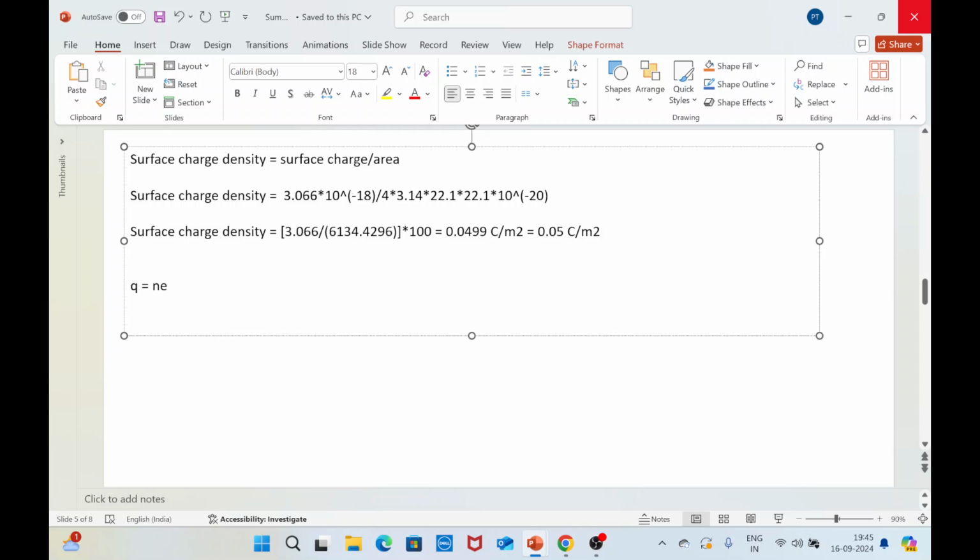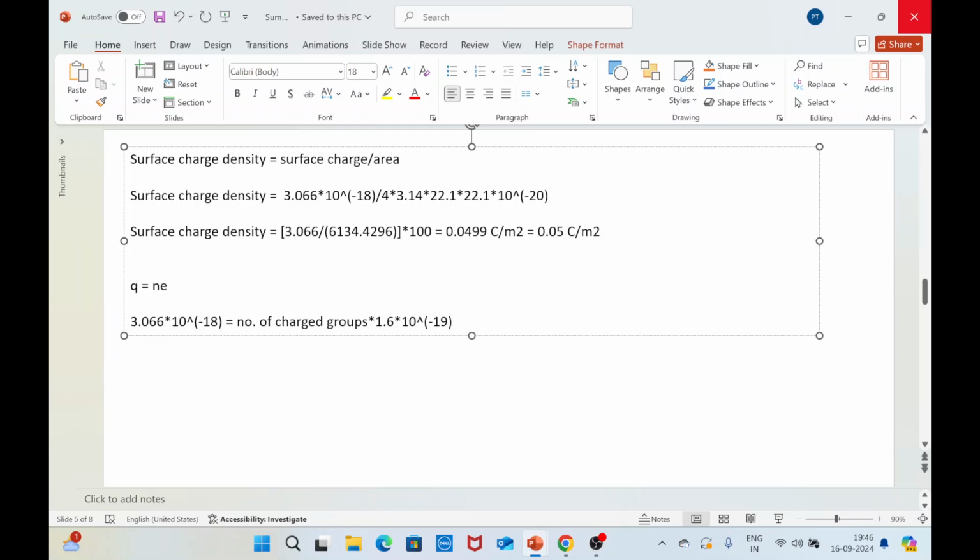So the Q value, you know, that is 3.066 times 10 power minus 18, is equal to the number of charge groups times 1.6 times 10 power minus 19.